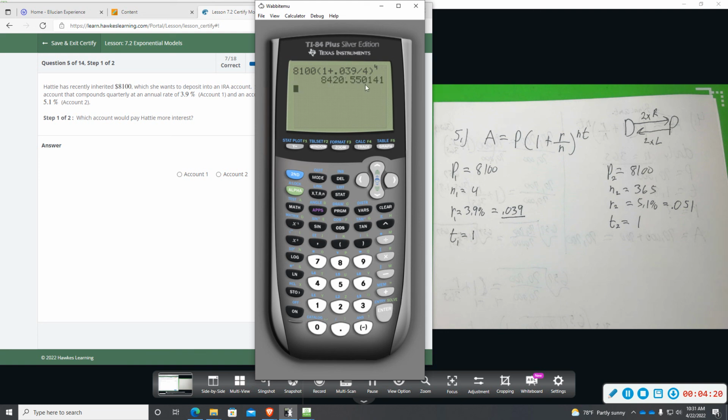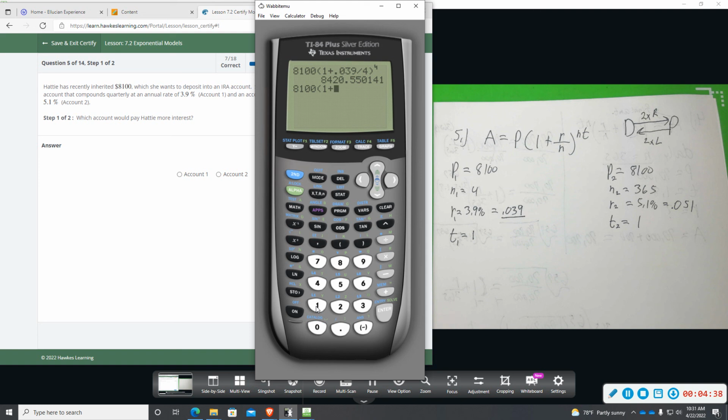Now, just to make this go a little bit smoother, I'm going to type it in again. I'm going to show a shortcut, but it may be more confusing. So let's just type it in again.